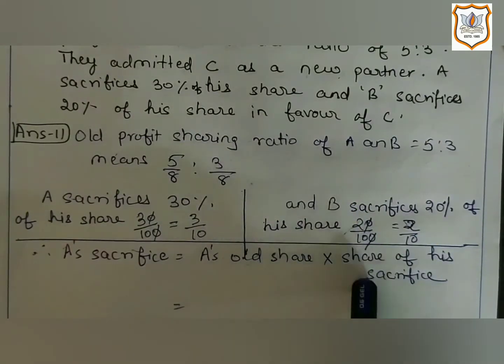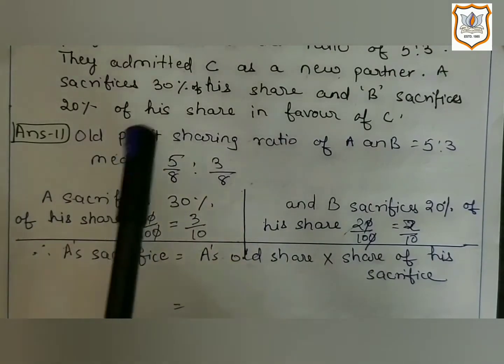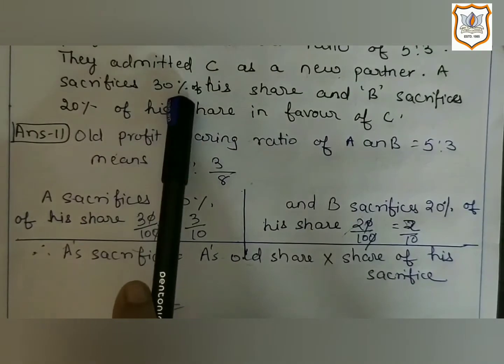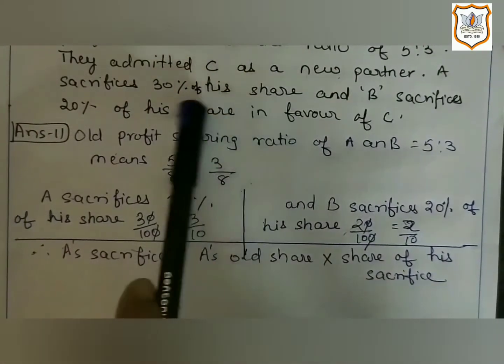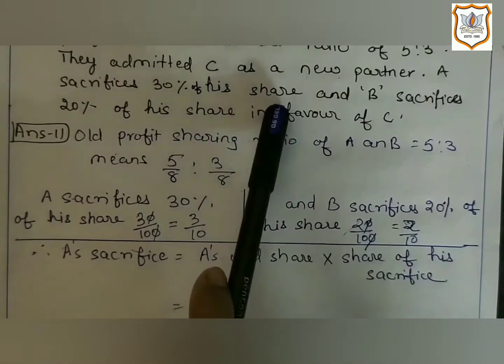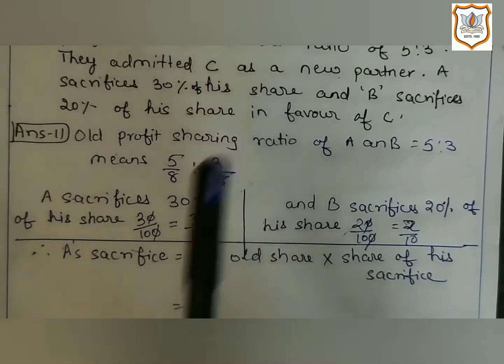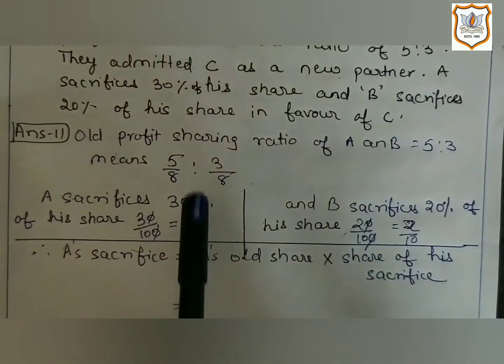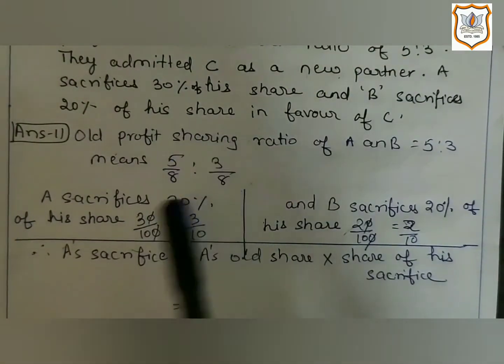Why we are using this formula? Because here it is given in question that A sacrifices 30% of his share. Point to be noted, of his share.